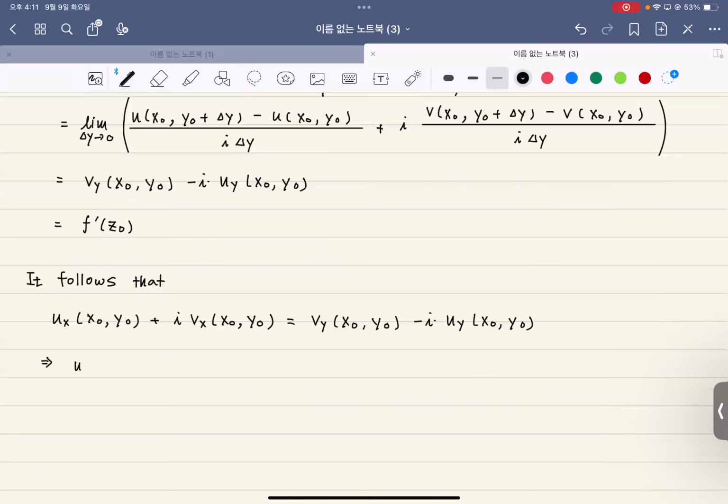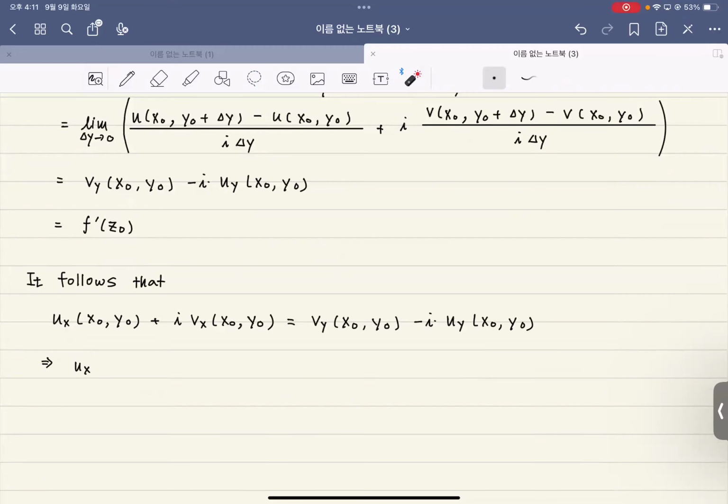If two complex numbers are the same, then those two complex numbers must have the same real and imaginary parts.